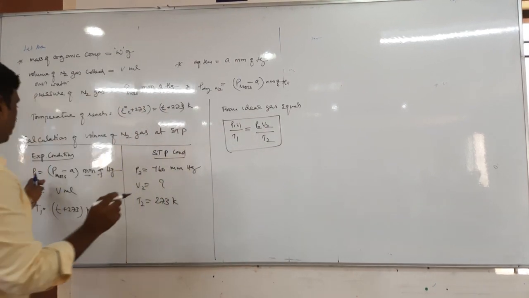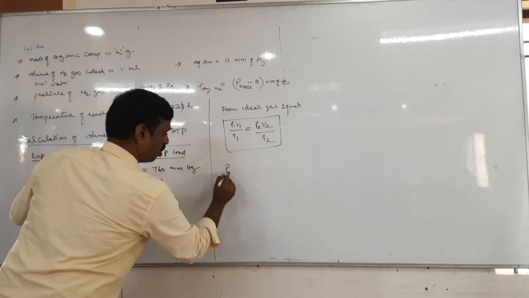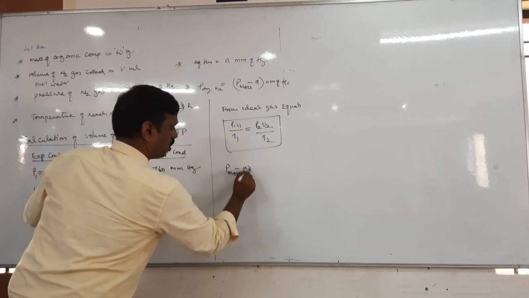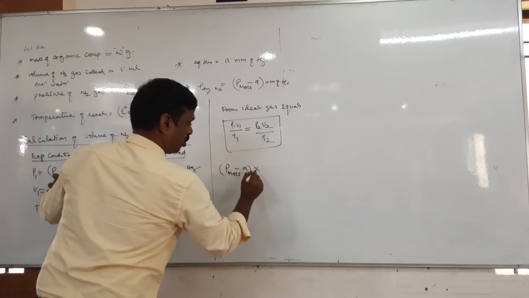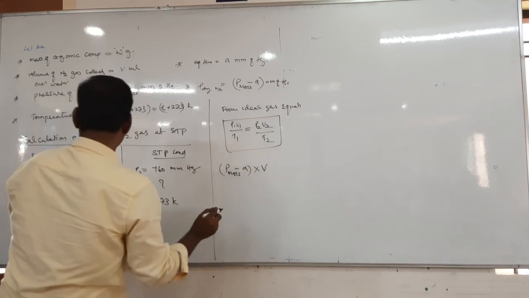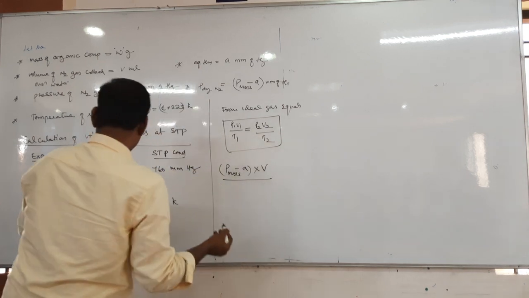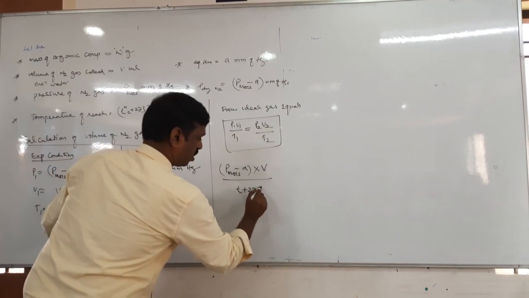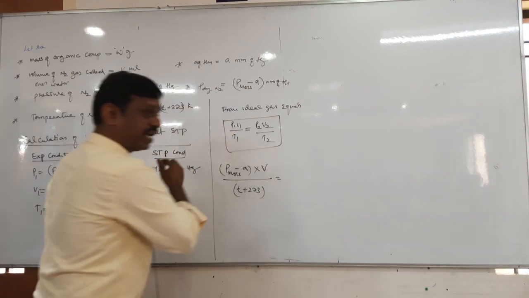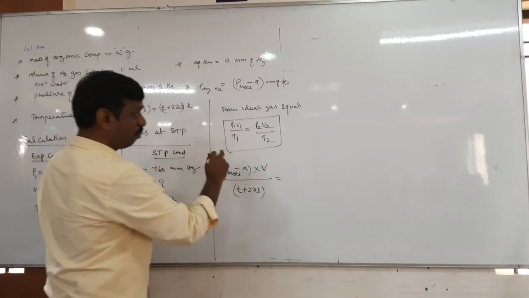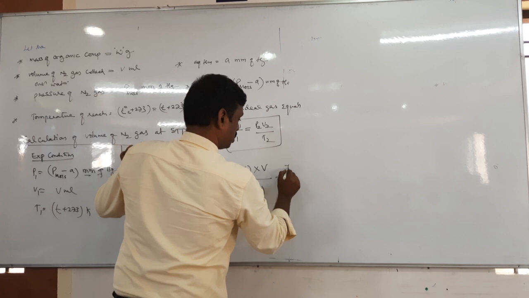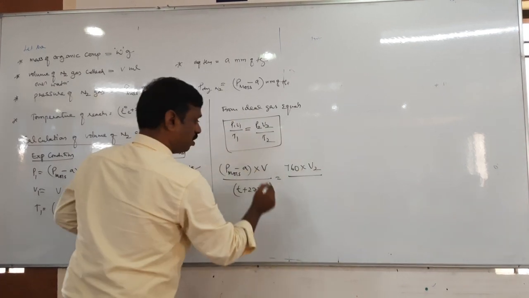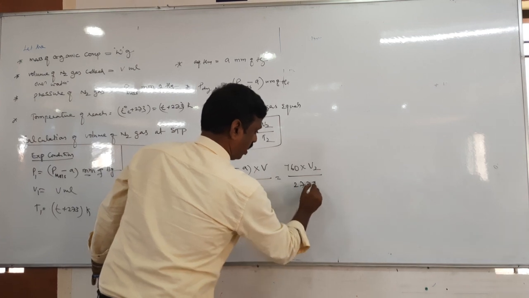So P1 equals P moisture minus a aqueous tension, into V1 which is V, by T1 which is T plus 273. This information we get by experiment. Then P2 equals 760, into V2 which we have to calculate, by T2 273 Kelvin.